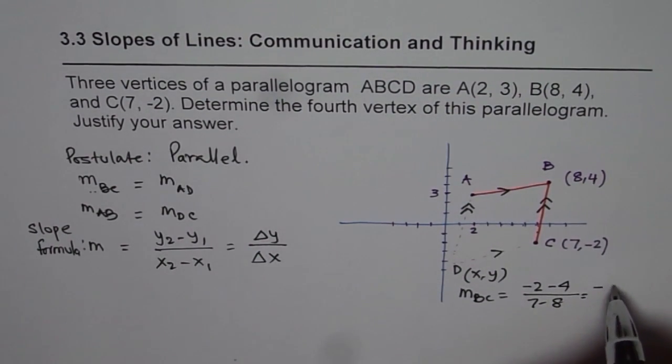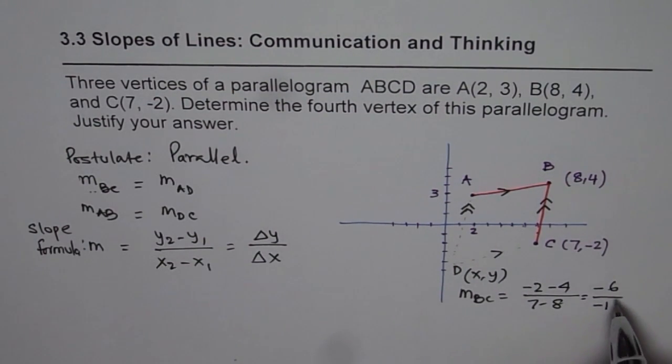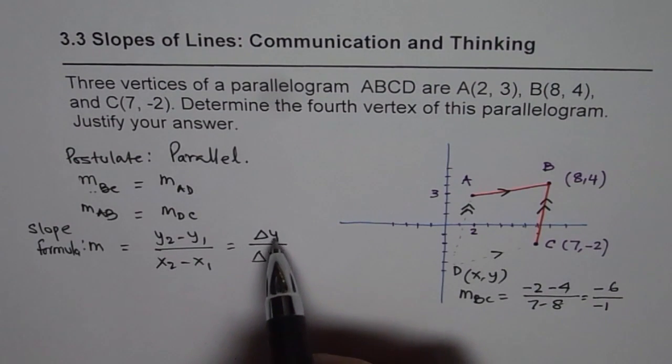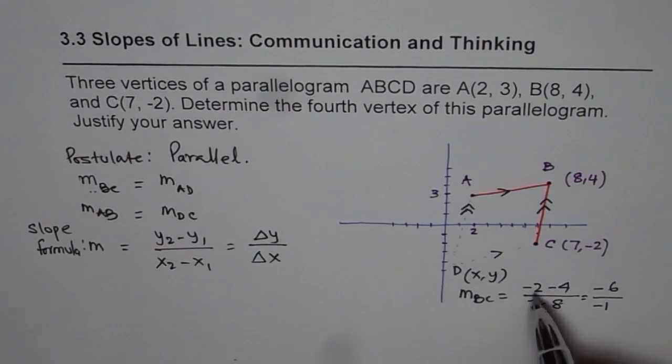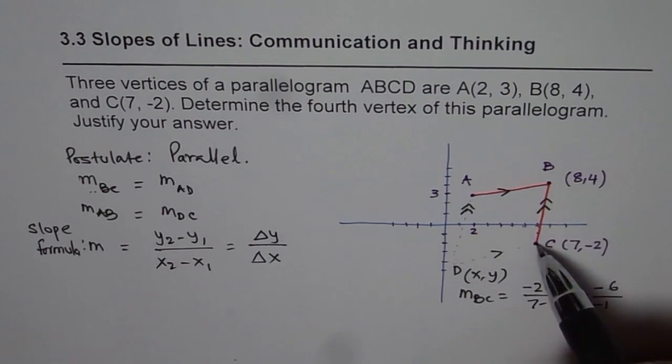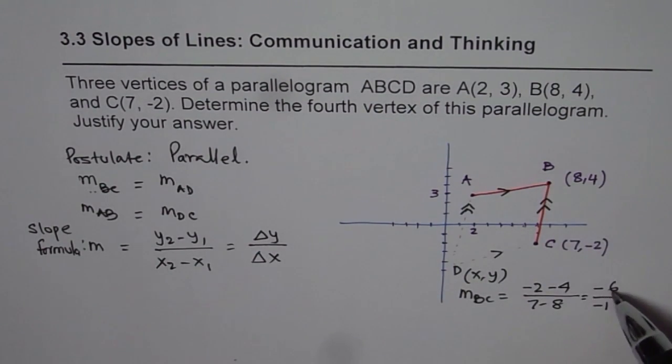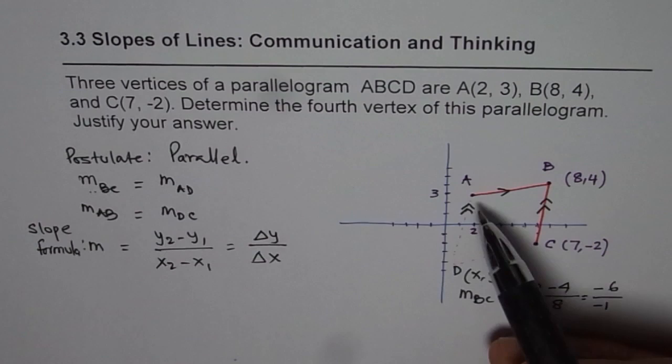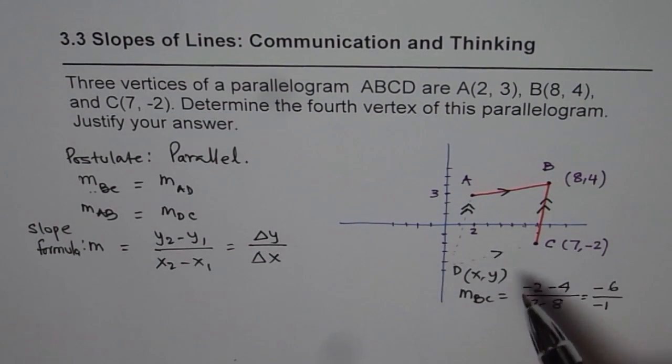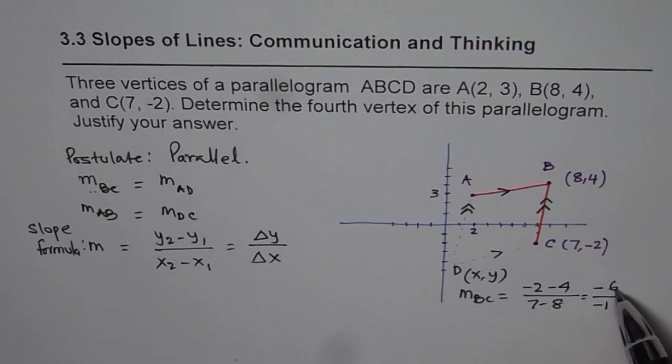So we get -6 over -1. Think about it as change in y over change in x. When I move from B to C, the change in y is -6 and the change in x is -1. So if I have to move from A to D, I can go 6 units down and 1 unit left. That should bring me to D, correct?